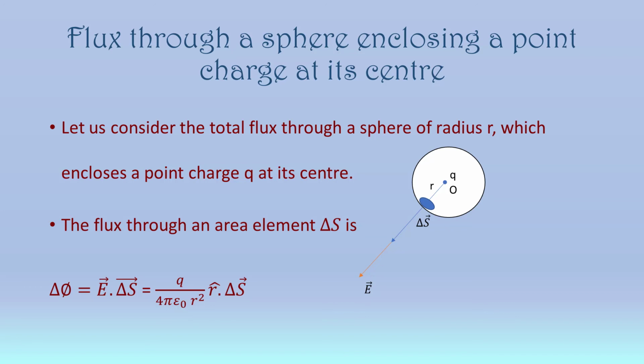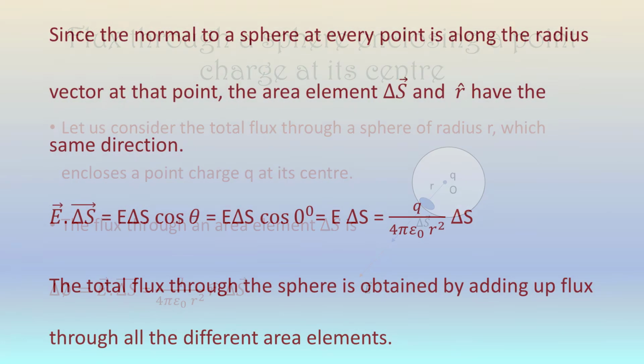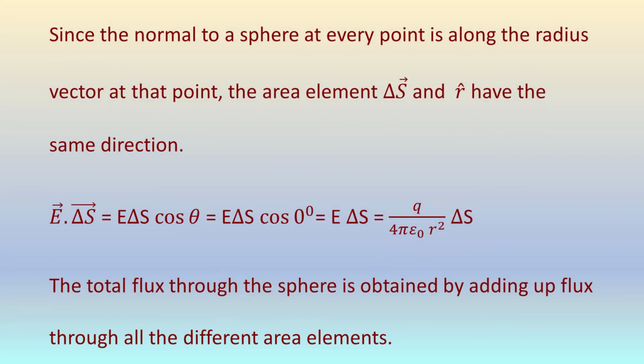The flux through an area element delta S can be given as delta phi equals vector E dot vector delta S. The value of vector E from Coulomb's law can be given as q upon 4 pi epsilon naught r square r cap. Since the normal to a sphere at every point is along the radius vector at that point, the area element delta S and r cap have the same direction.